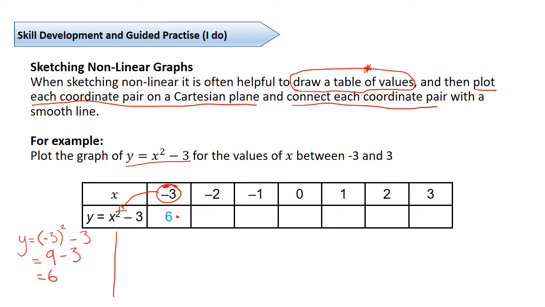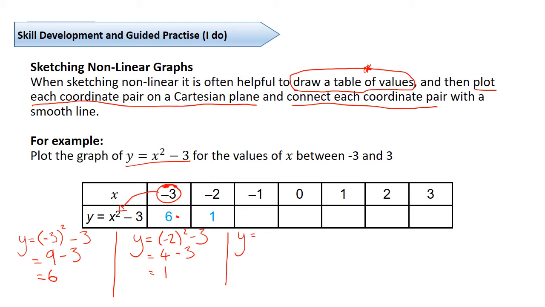So we'll try the next x value. y equals (-2) squared take 3. So -2 squared is +4, right? -2 times -2, take away 3. Okay, we end up with 1. Good. And we just continue this process all the way through.